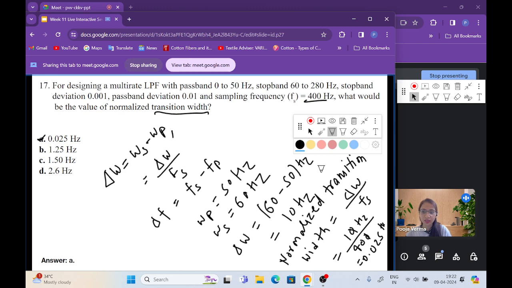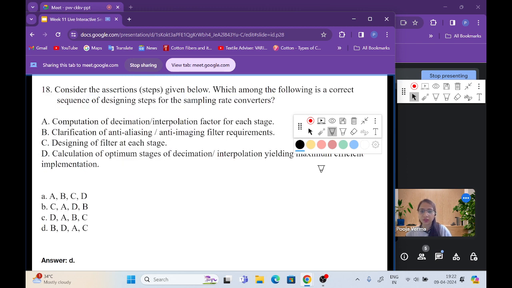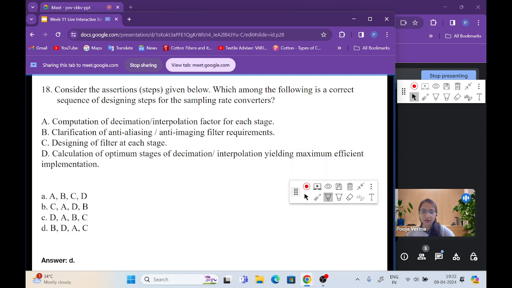Okay, so moving to the next question. Consider the steps given below. Which among the following is the correct sequence of designing steps for a sampling rate converter? We have to arrange these steps in ascending order.